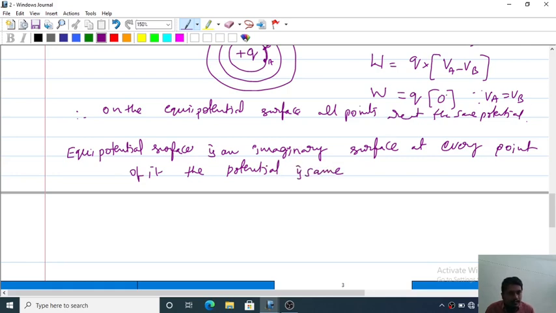Okay, that is why every point will be at the same potential, therefore work done is equal to 0.